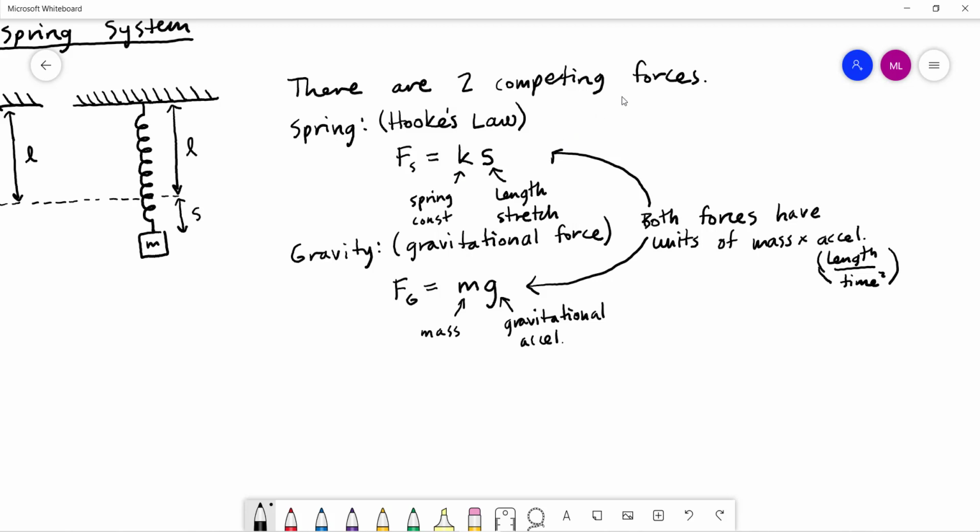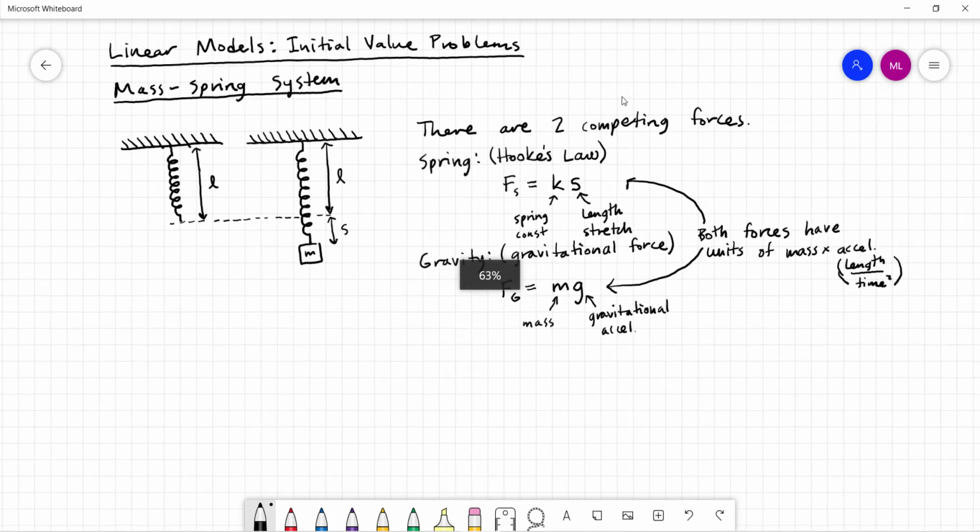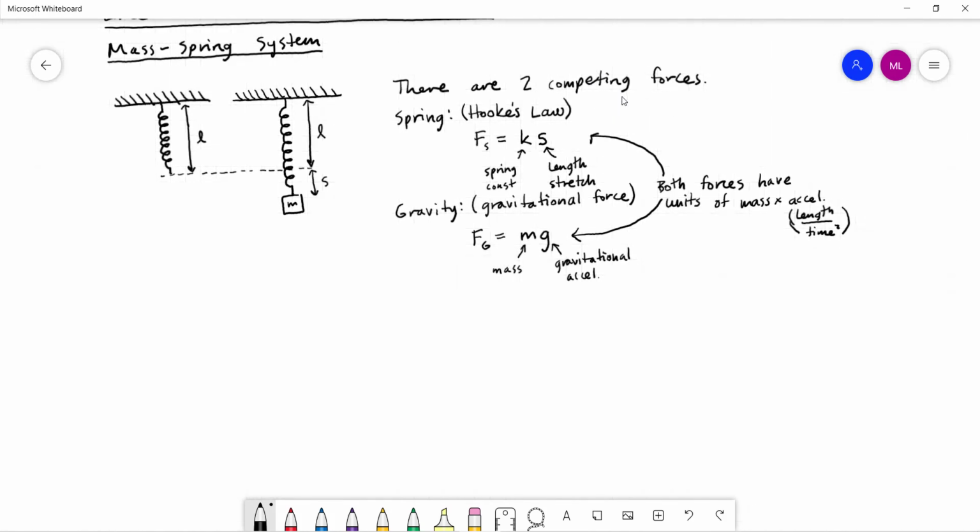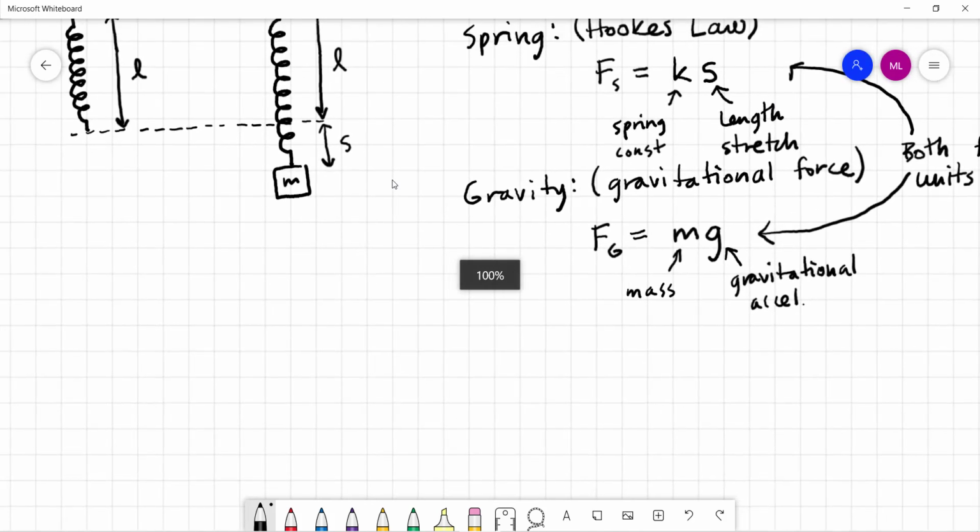Okay, so here's the idea. We've got these two competing forces, and when they're totally in balance, when they balance each other out, then the mass itself will be hanging in equilibrium.